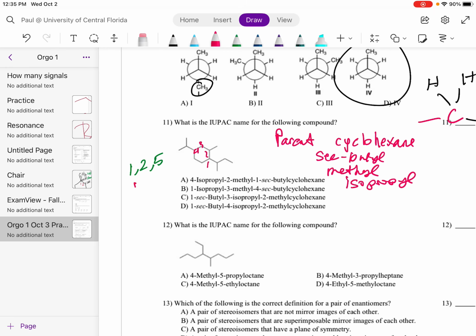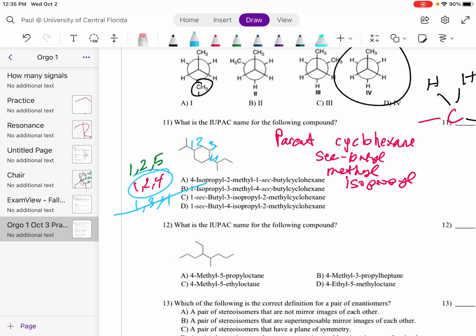So now we have a 1, 2, 4. Okay. Well, what if I tried it in the other direction? 1, 2, 3, 4. 1, 3, 4. So you see that one's off the table there. It's only between the red and the green, and the red one wins out.